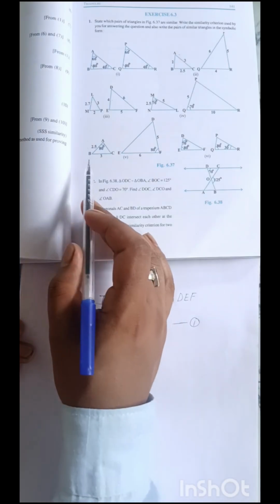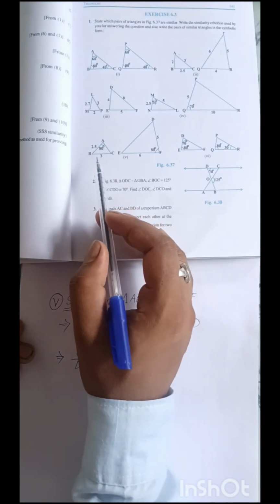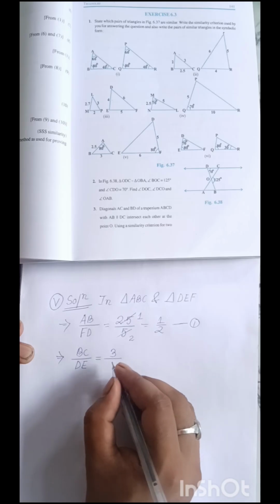And BC by DE equal to BC value. BC means 3, so write here 3 by DE.